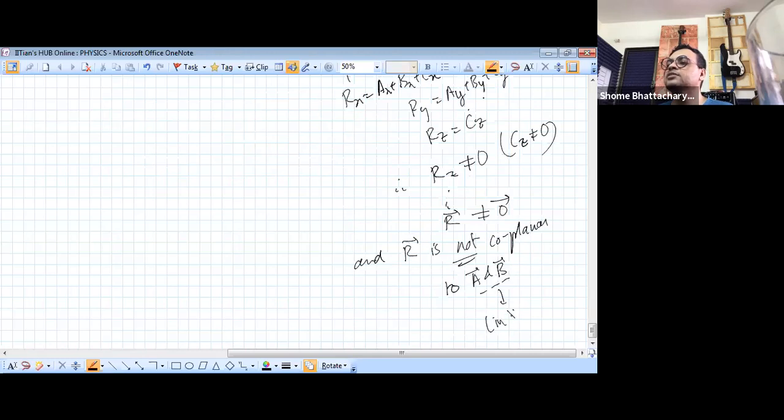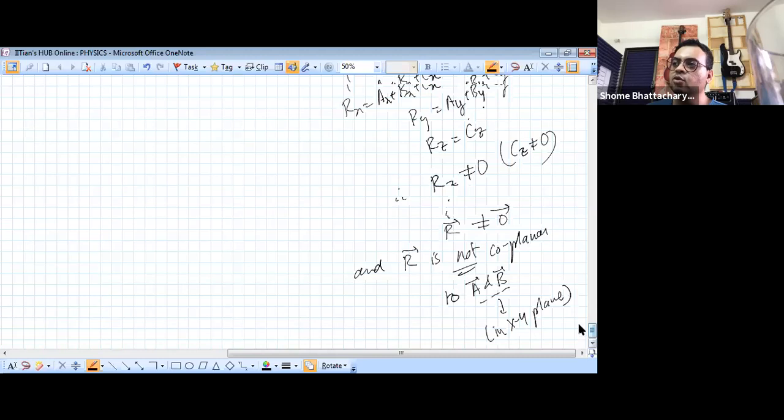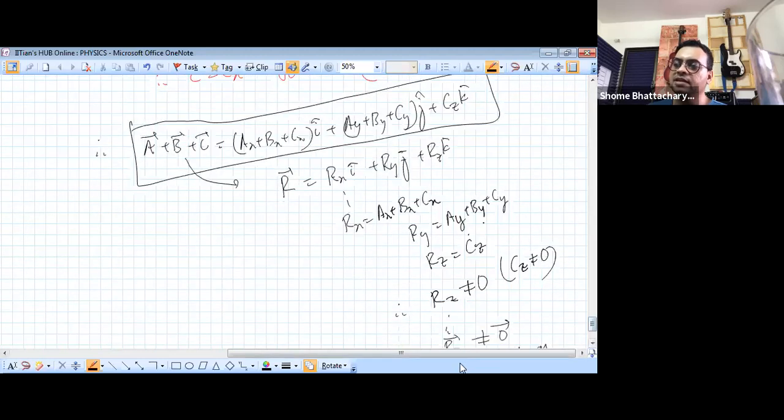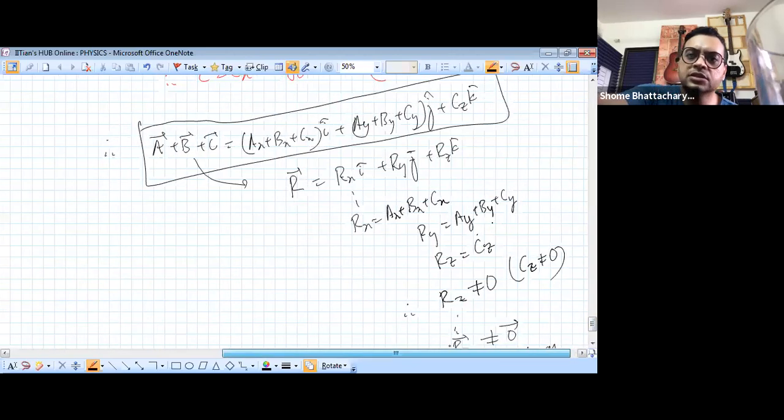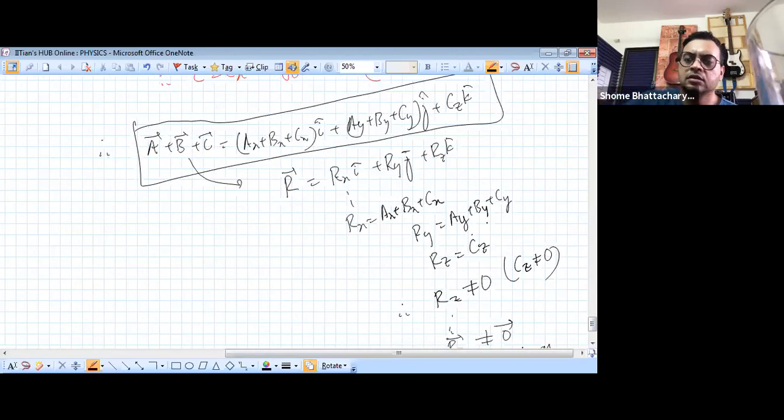They were in the xy plane, and what we have just seen about the resultant is that its Z component is non-zero. Okay, so that is how we can conclude for sure that this resultant will be non-coplanar with A and B and will definitely be non-zero. Okay, have you understood this?